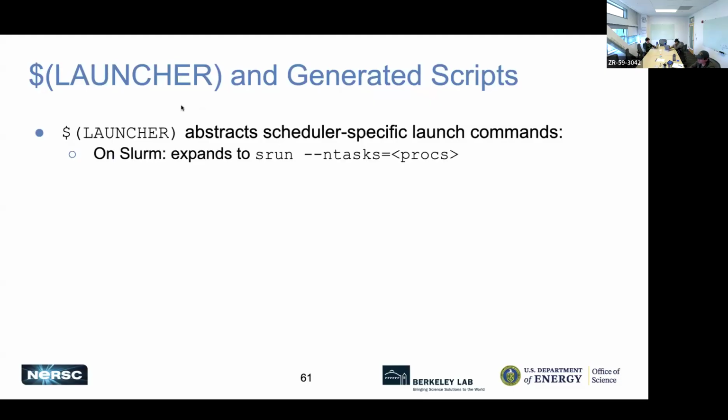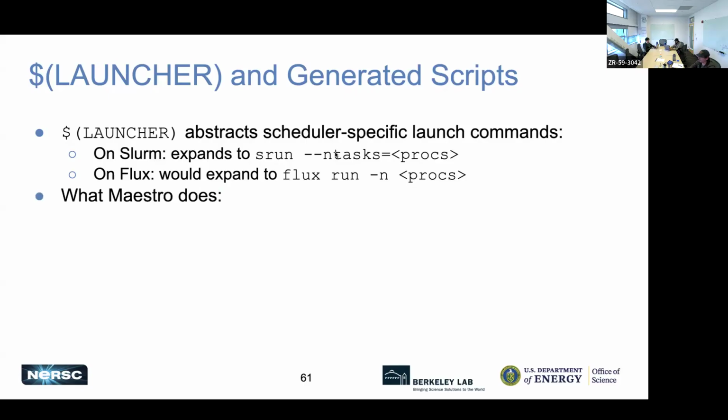So on Slurm, this is going to end up turning into srun, and then you give it however many tasks or processes or whatever you want to specify with your srun step. And launcher is going to give you something different if you're running on Flux, which is the equivalent to like flux run and whatever procs. So this is just an abstraction protecting you from whatever the underlying scheduler details are.